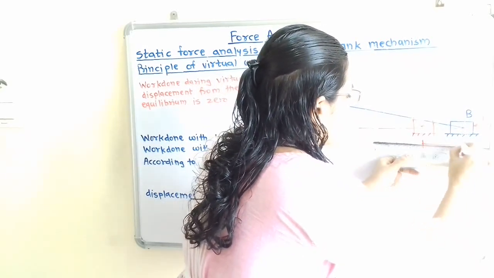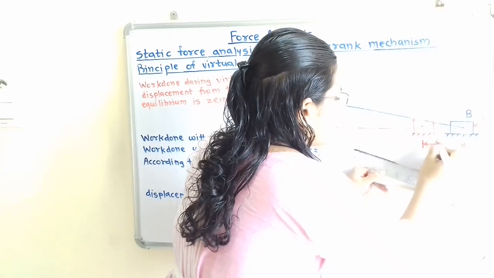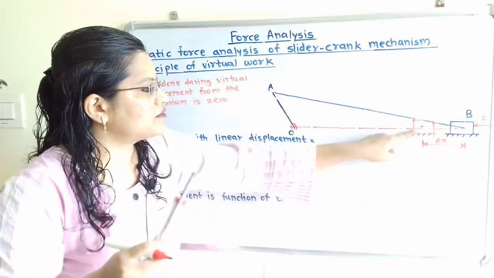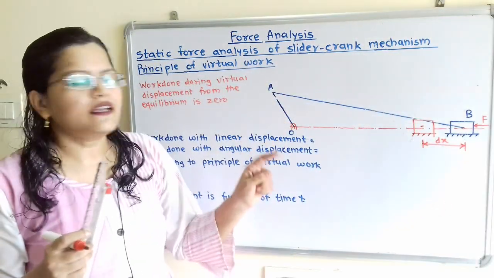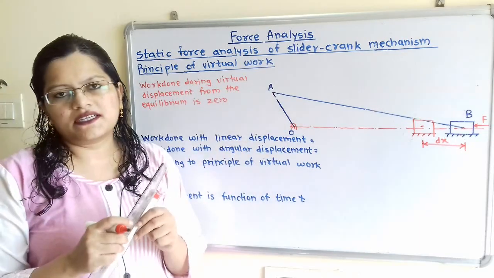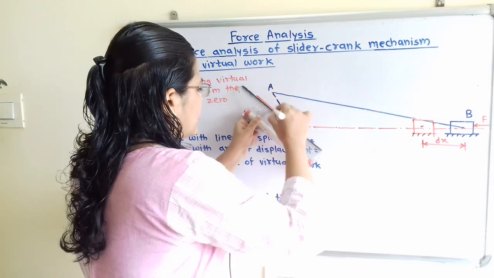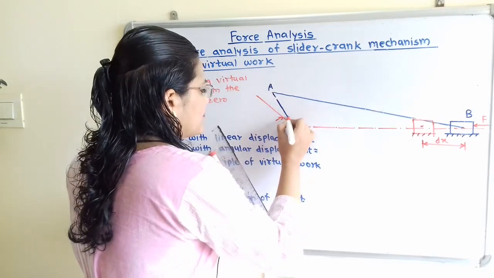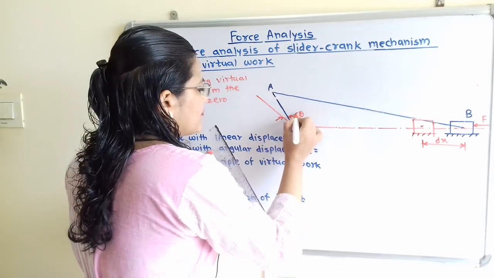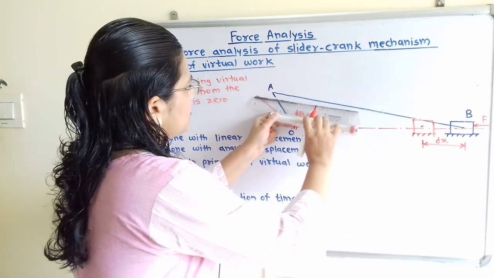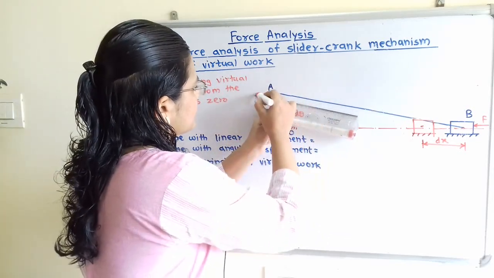Now this is the linear displacement dx. Now the forces are transmitted through this connecting rod and there is the angular displacement in the crank. So this angular displacement we will show, that is d theta. Now we will join the points.